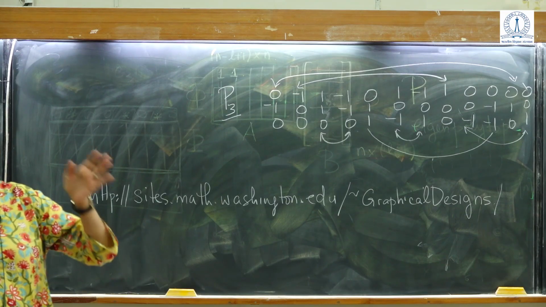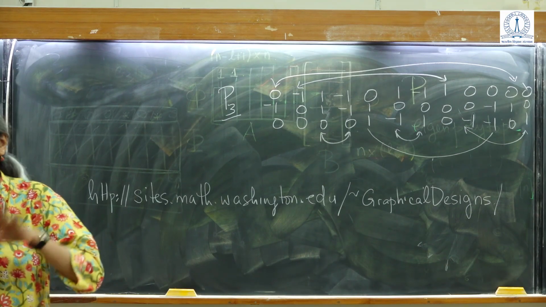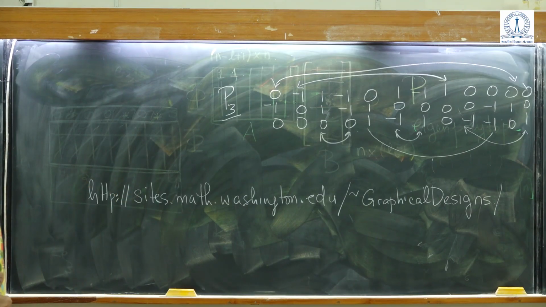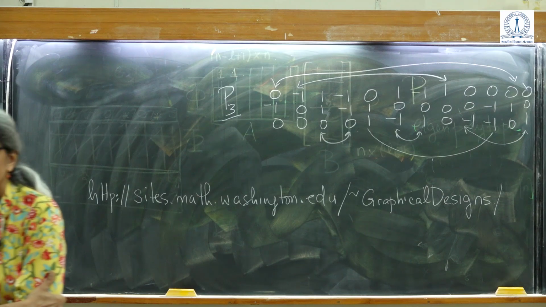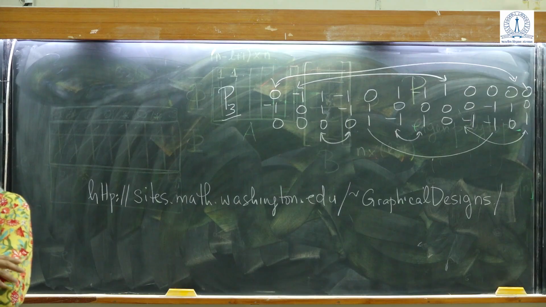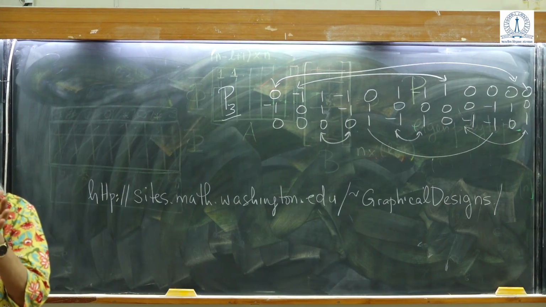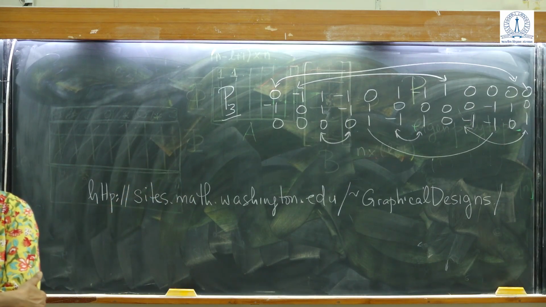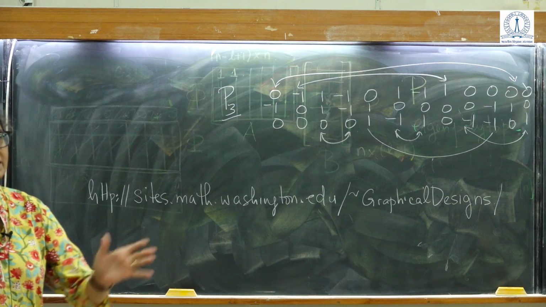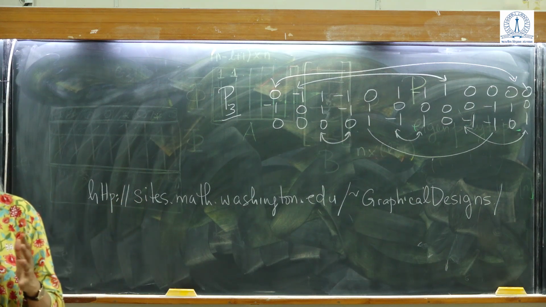But once you know what the supports are going to be, then it's easy to find them, because you just restrict the weight. Put zeros everywhere outside the support, and then you have a smaller system to solve, and any solution to that is okay. Once you know the support, you can find it in polytime.